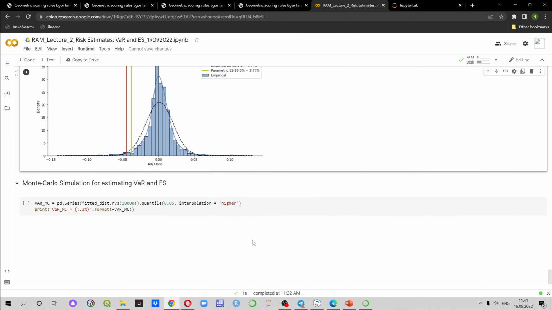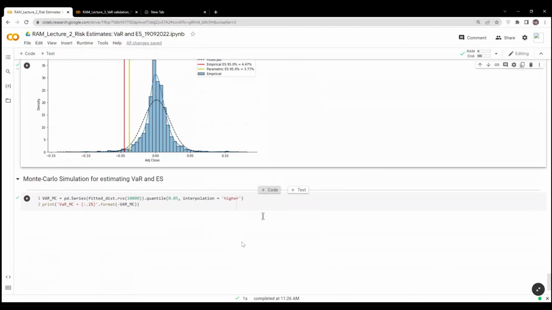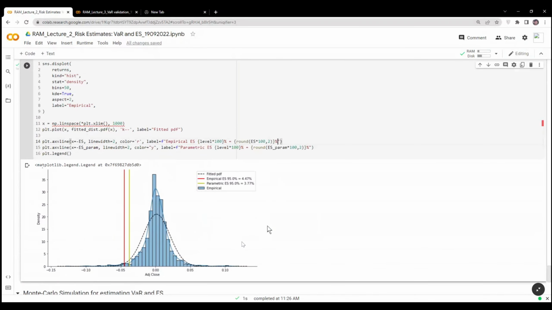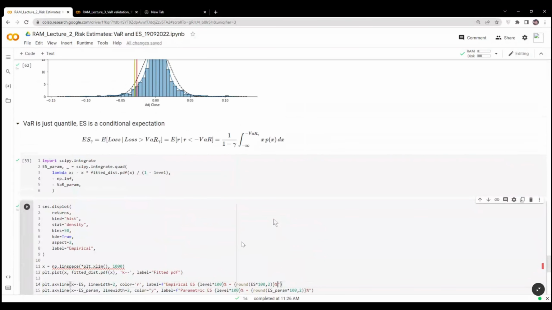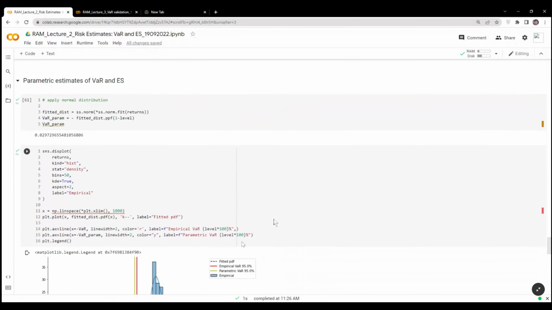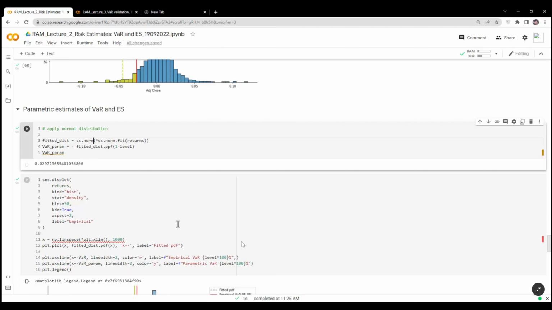All right. So now let's do a little experiment. Let me change the type of the distribution. As you can see, we used the normal distribution all the way, and now let me use another one. Let me use the t-distribution.